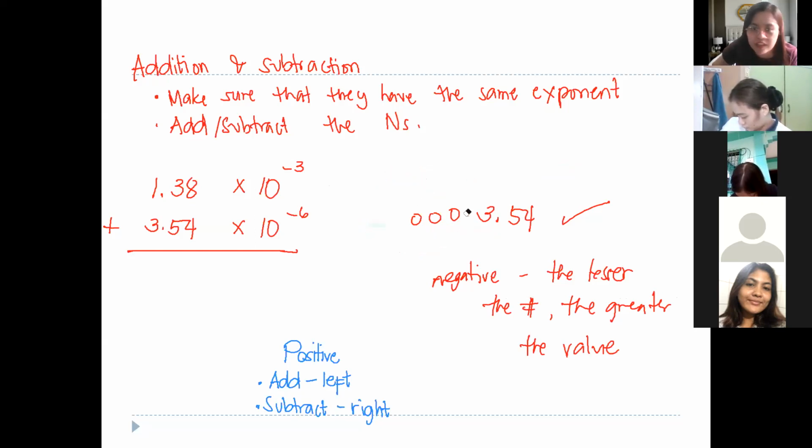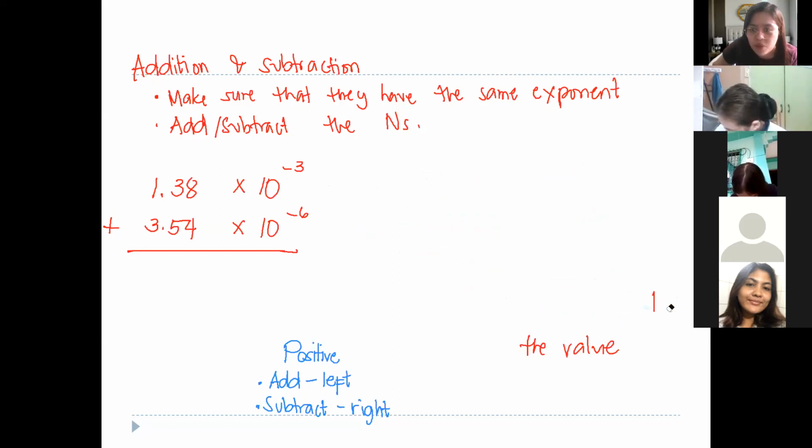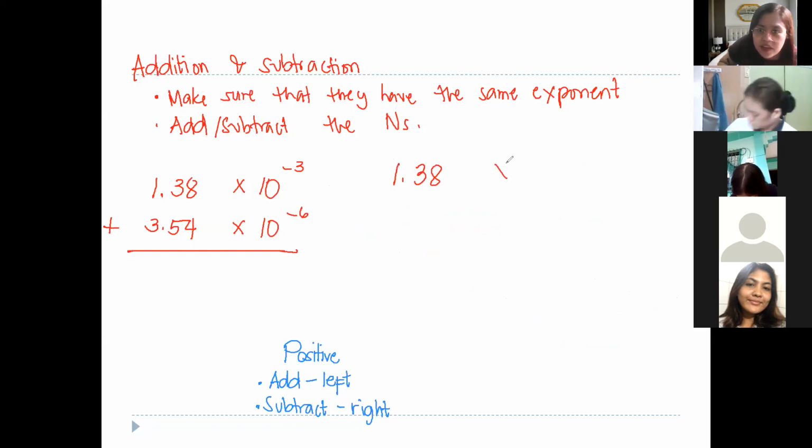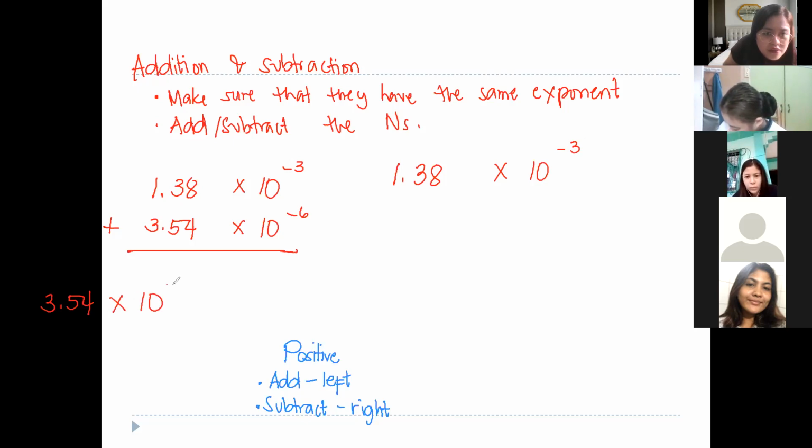Of course, if it's positive, automatically the bigger the number, the greater its value. So the one we adjust is negative 6. We keep 1.38 times 10 raised to the power of negative 3 as is. We adjust 3.54 times 10 raised to the power of negative 6, so that it becomes negative 3.